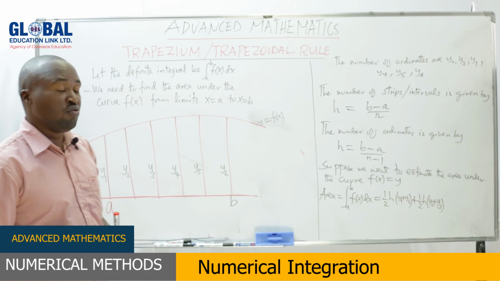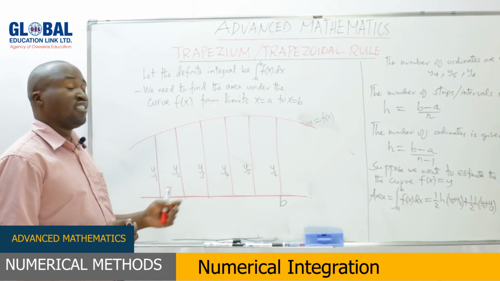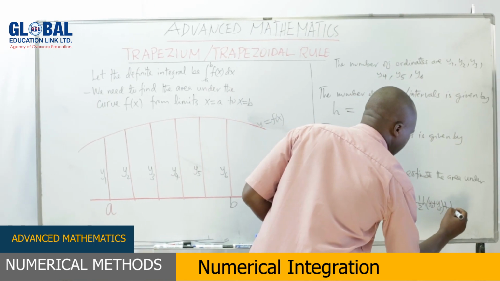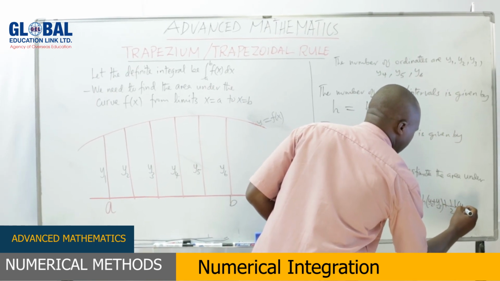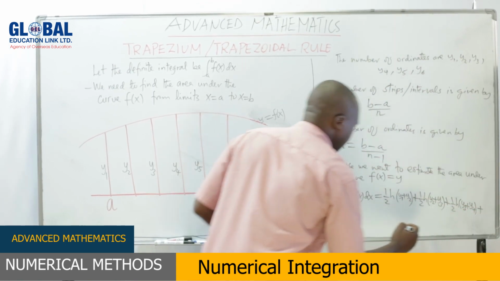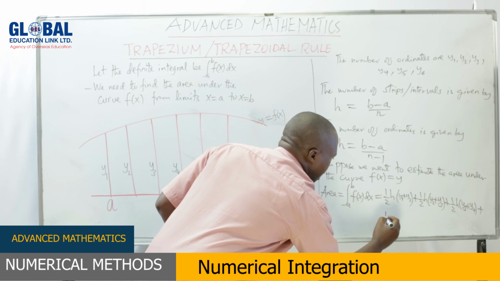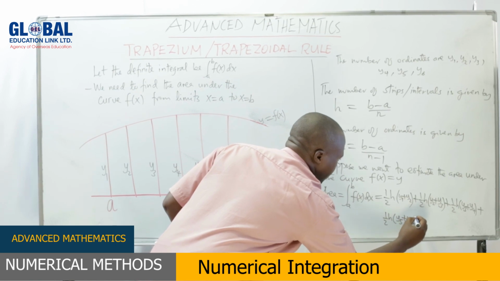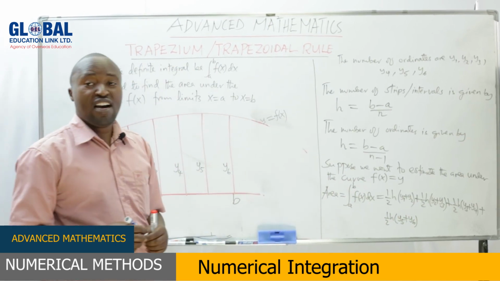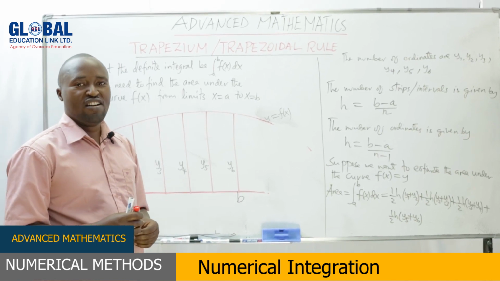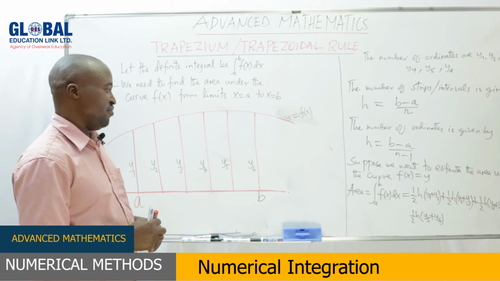Again, my dear students, we proceed with the third trapezium, that is plus a half h, y3 plus y4. Then again, a half h, y5 plus y6. That is how we are computing the area of these trapeziums.